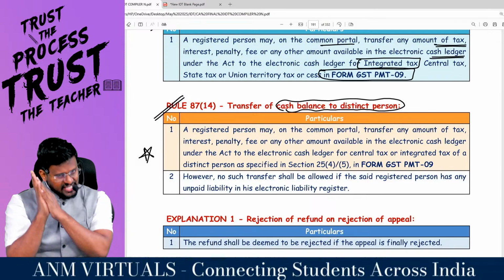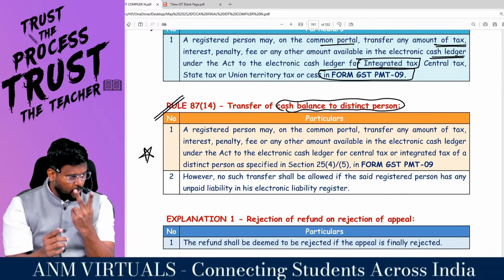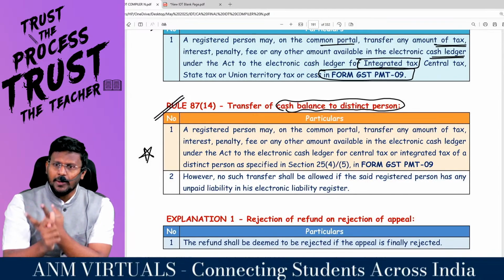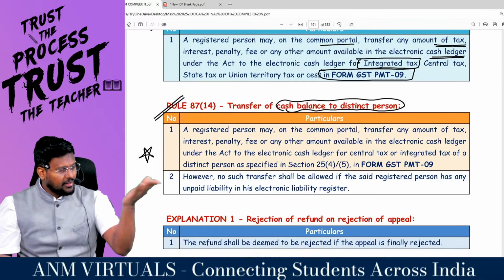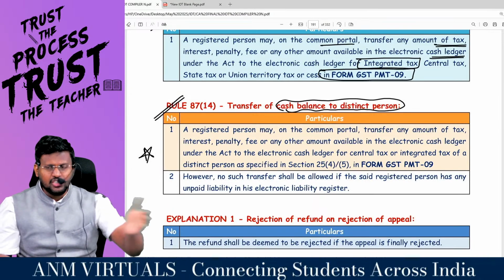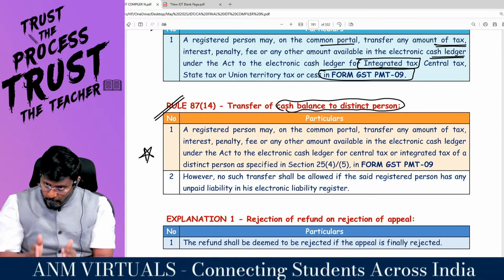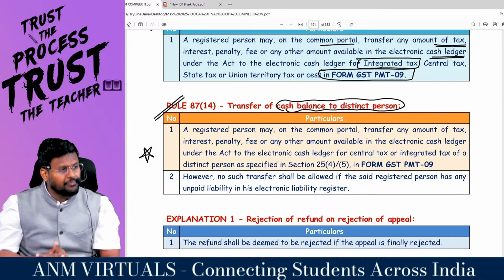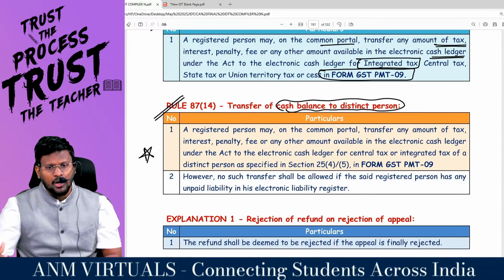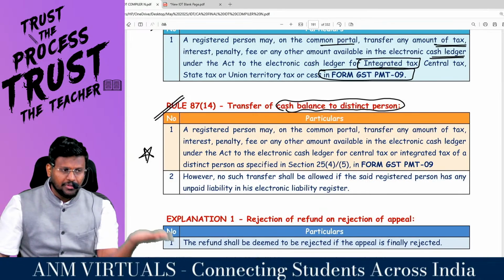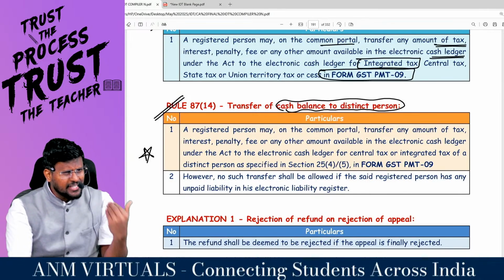Sometimes, sir, under the same PAN, I would have taken two registrations. Under registration number 1, I may have cash balance available in the electronic cash ledger. But that liability is for the second registration. So I can transfer the balance from the electronic cash ledger of registered person 1 to the electronic cash ledger of the other, because both are myself only.